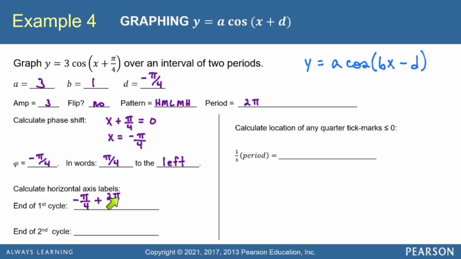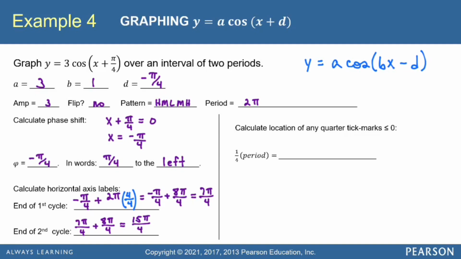So let me multiply this 2 pi by 4 over 4. That's going to give us negative pi over 4 plus 8 pi over 4, which will add up to 7 pi over 4. And then for the second cycle, we start at 7 pi over 4. We add another 2 pi to that, but with our common denominator, we're going to write plus 8 pi over 4. And that's going to add up to 15 pi over 4.